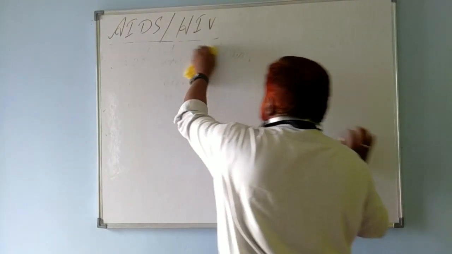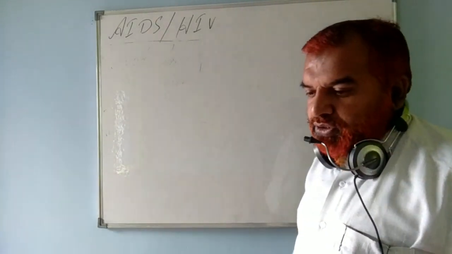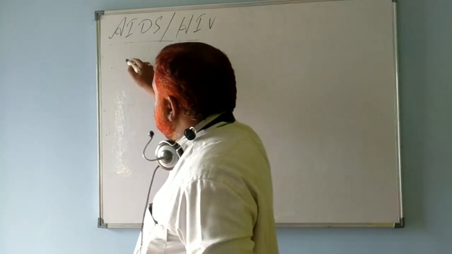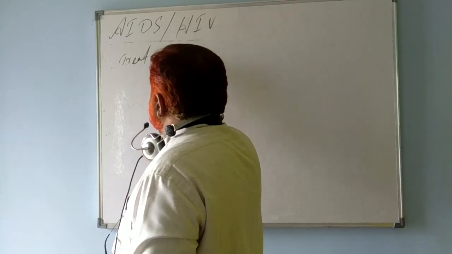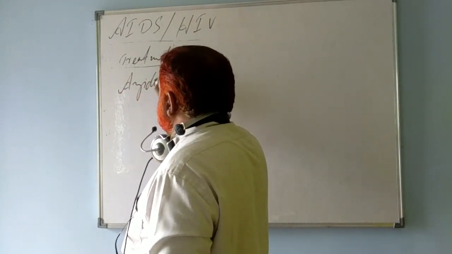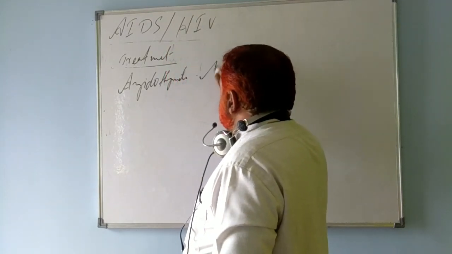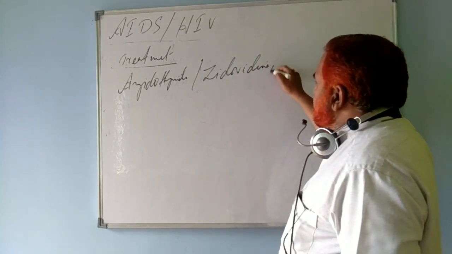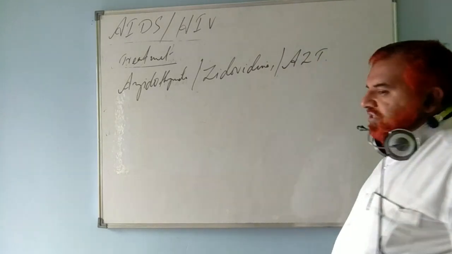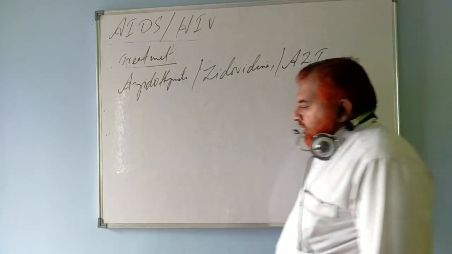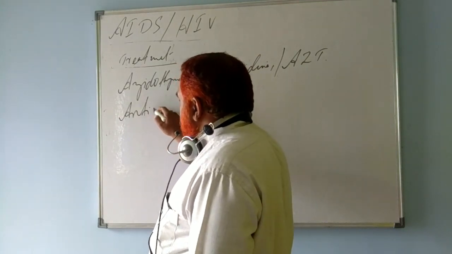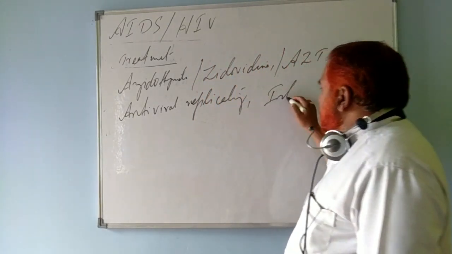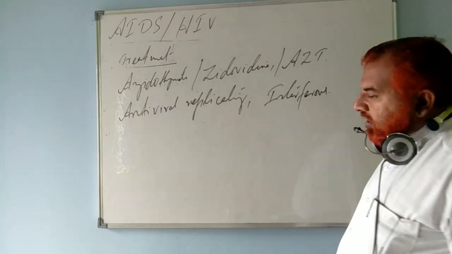So how is it treated? Where there is no complete cure for most viral diseases, here under treatment we use zidovudine, or AZT, as a part of the treatment, or antiviral replication-inhibiting agents, which first of all include interferons, particularly alpha and gamma interferons.